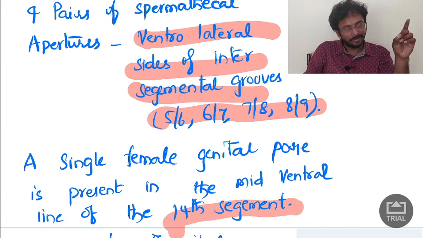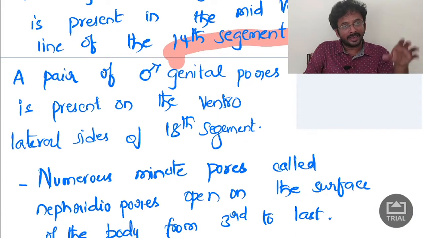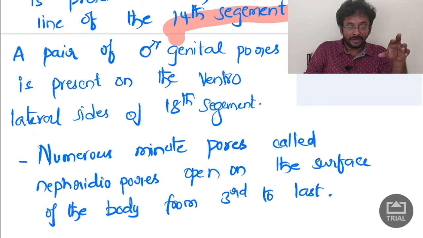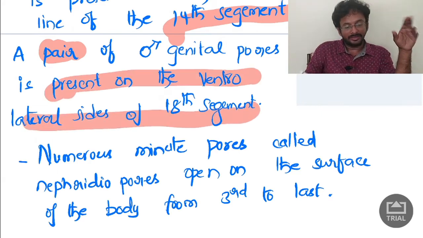Whereas a pair of male genital pores is present on the ventrolateral sides of the 18th segment.